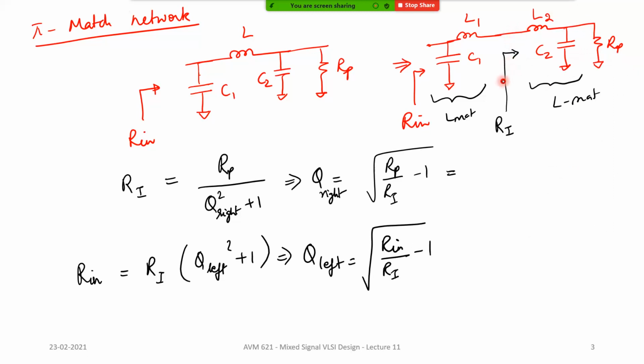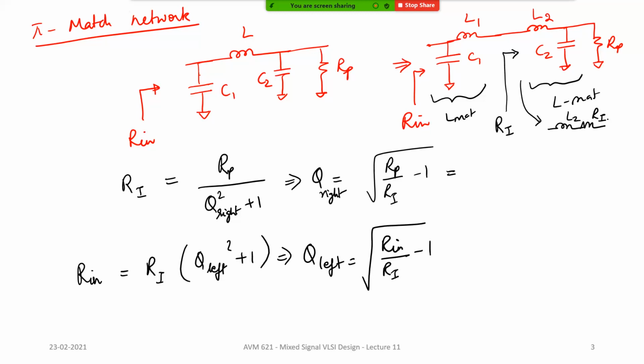For the inductor, you can think of it as L2 in series with Ri. As I mentioned in the last class, even with just two elements, you can define Q, assuming that there is an opposite element, either a capacitor for an inductor or an inductor for a capacitor, which is tuning it out at the frequency of interest.